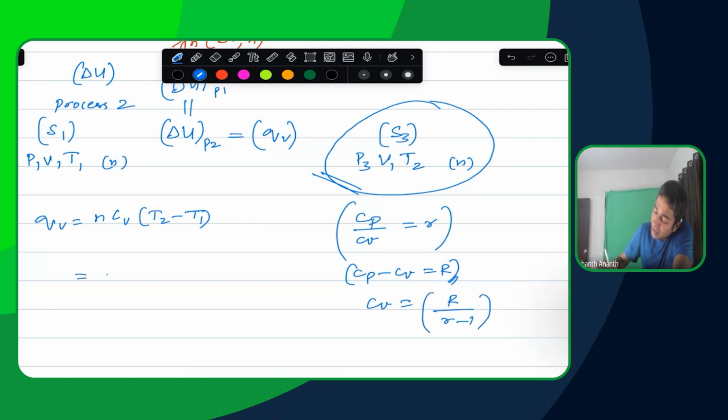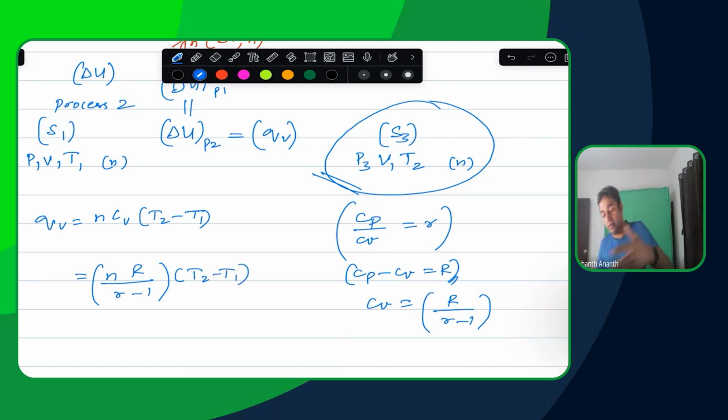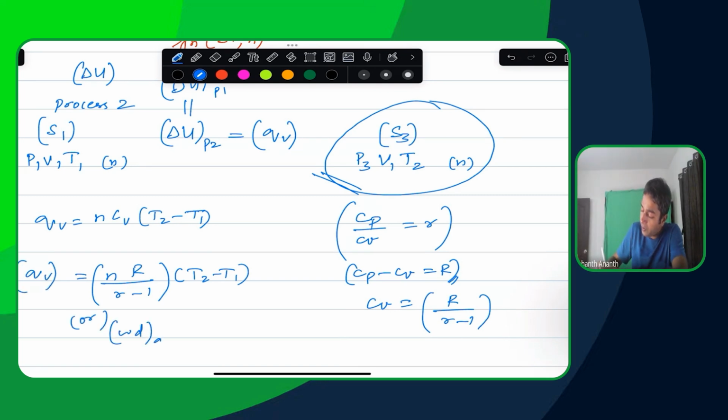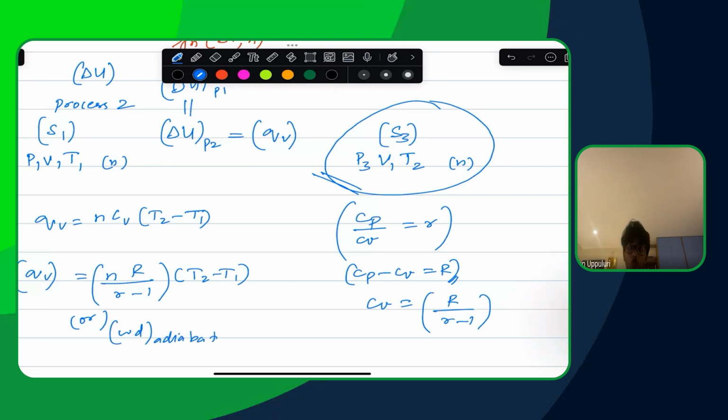So you'll end up having n into R by gamma minus 1 into T2 minus T1. This is going to be your QV, or you can also call it work done adiabatic. Exactly.